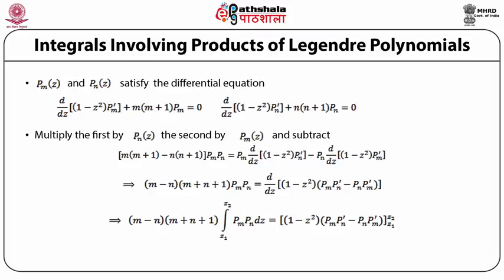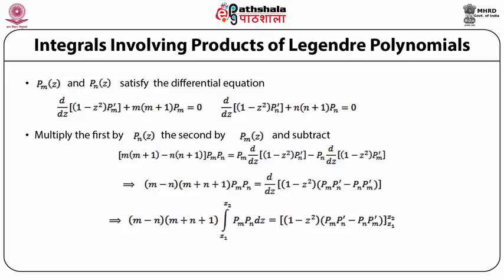So, we get [m into (m plus 1) minus n into (n plus 1)] multiplied by Pm into Pn is equal to Pm times d/dz of (1 minus z²) Pn′ minus Pn into d/dz of (1 minus z²) Pm′, or I can write it as (m minus n) into (m plus n plus 1) Pm into Pn is equal to d/dz of (1 minus z²) (Pm Pn′ minus Pn Pm′).